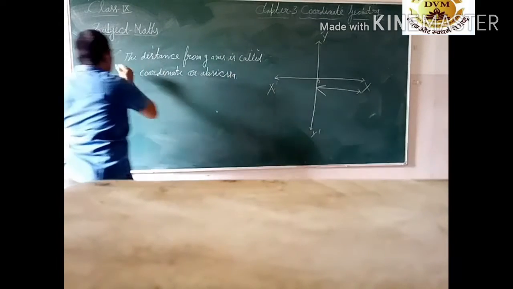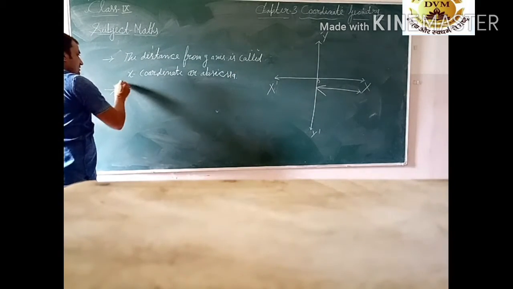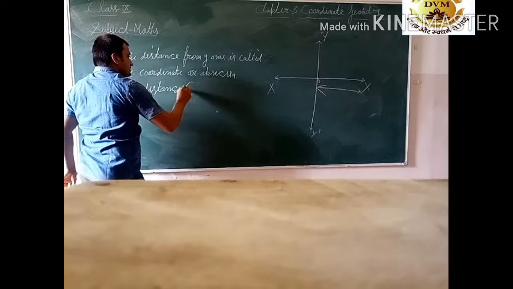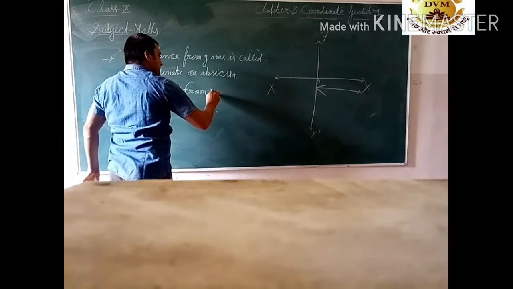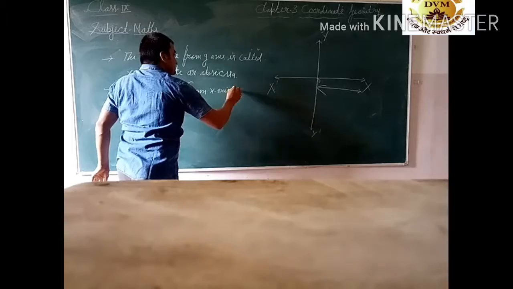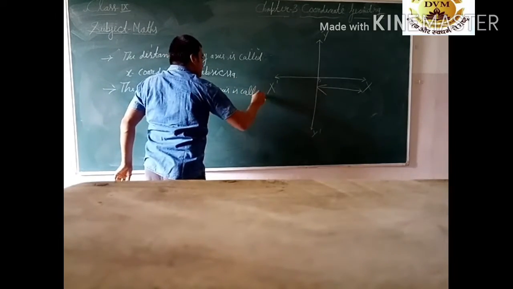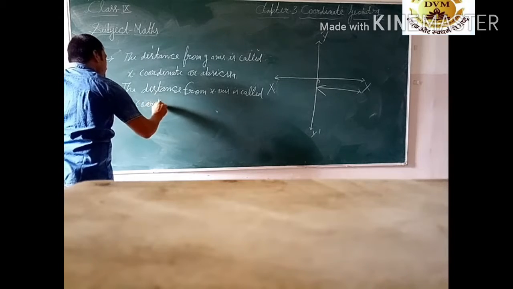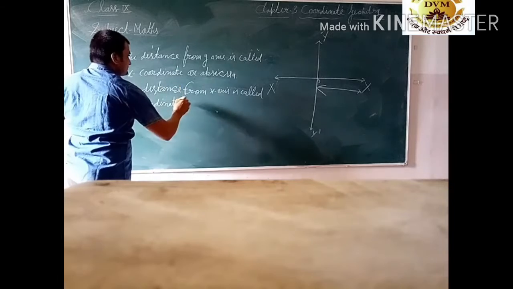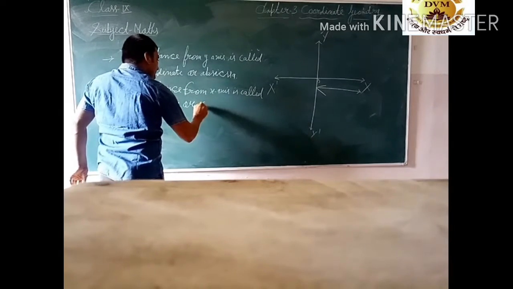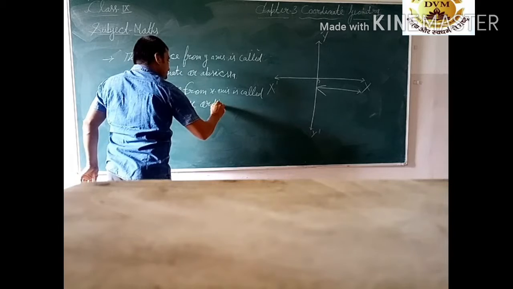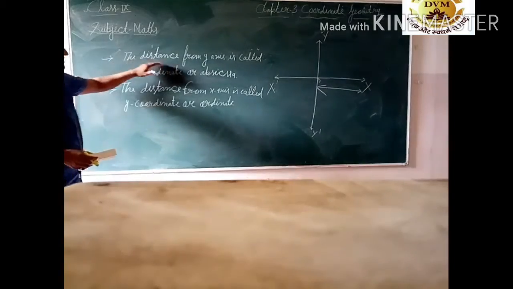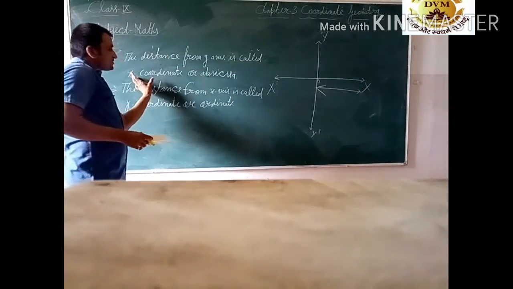Clear? Or the distance from the x-axis is called the y coordinate or ordinate. Understood? I repeat, the distance from the y-axis is called the x coordinate.